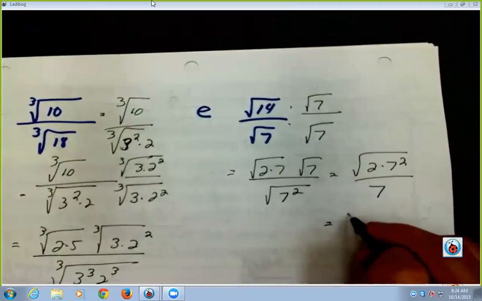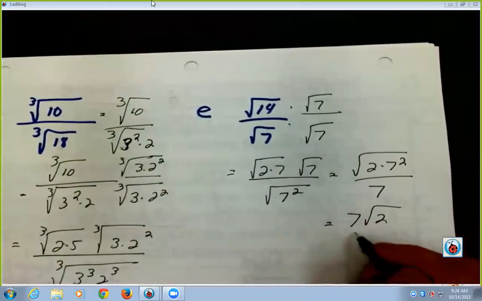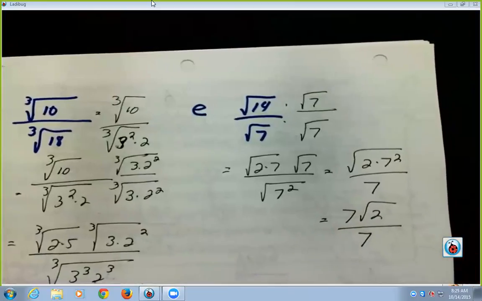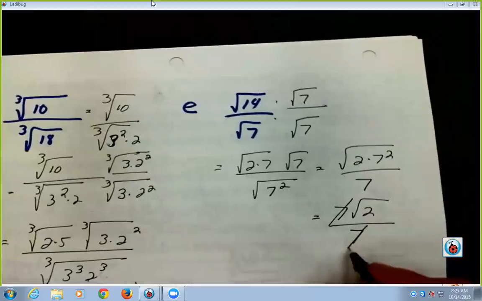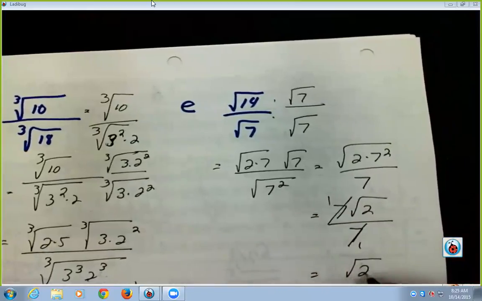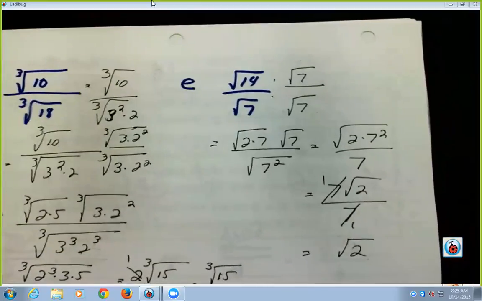In the top, I can pull out a 7, leaving a 2 under the radical, 7 in the denominator. So then the 7's both cancel, and my answer is simply the square root of 2.